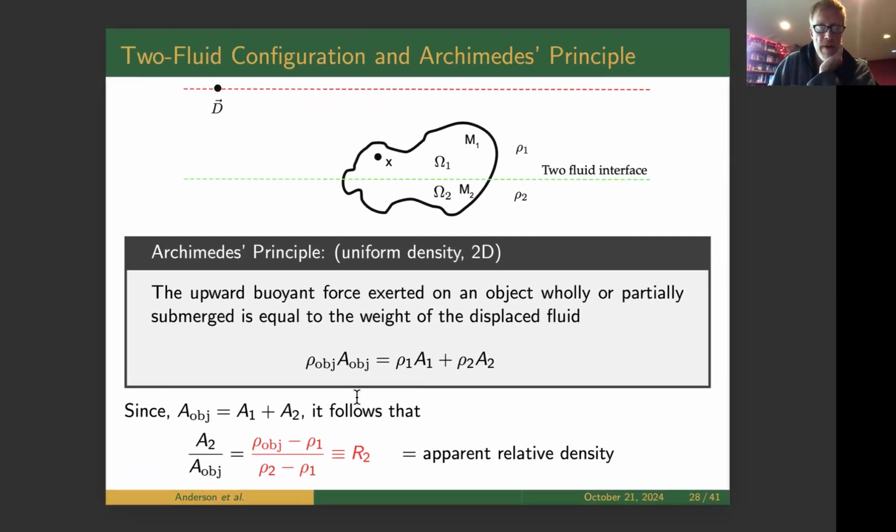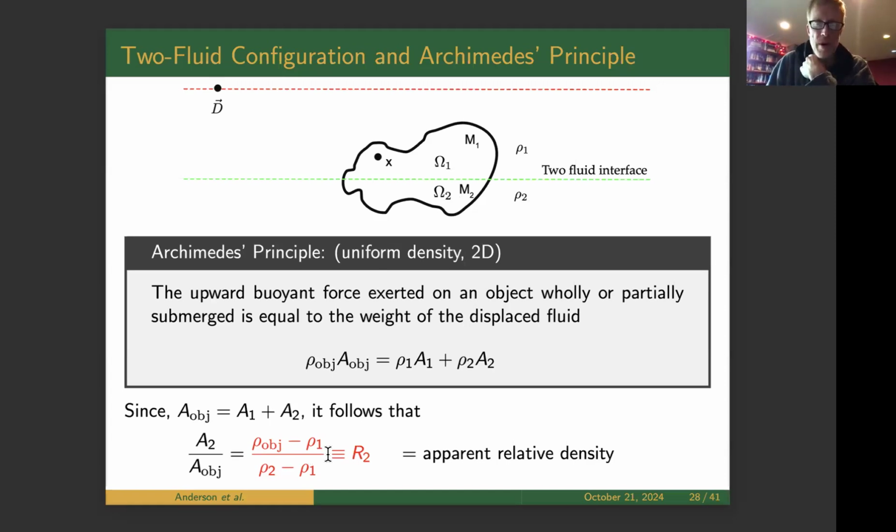But you can manipulate that into a condition on the submerged area in terms of an apparent relative density. So you adjust it with this upper fluid density, and then have the same story.